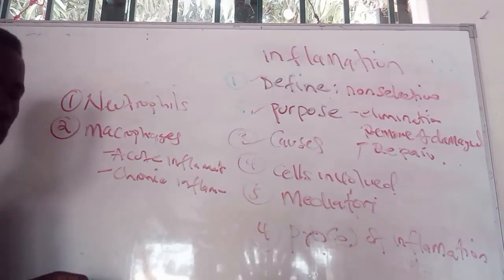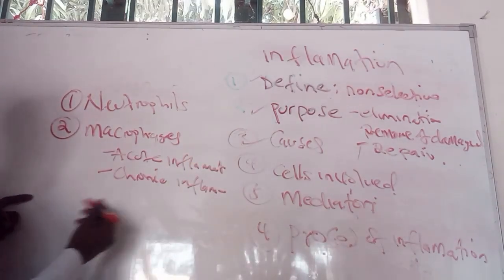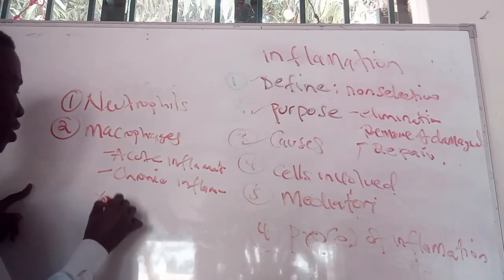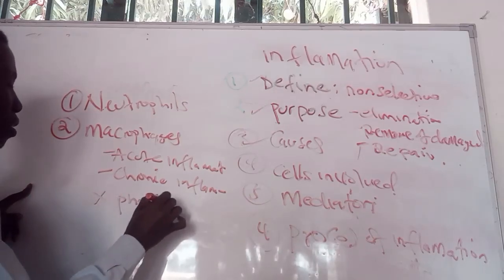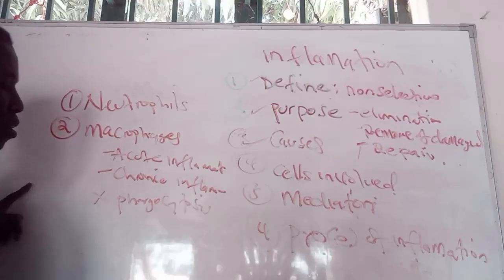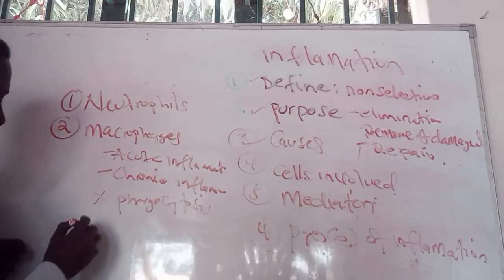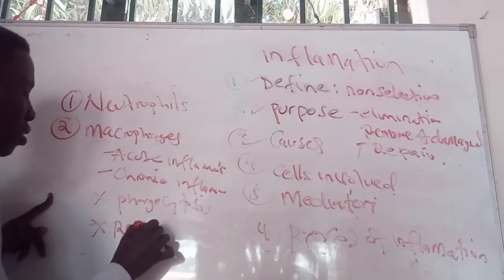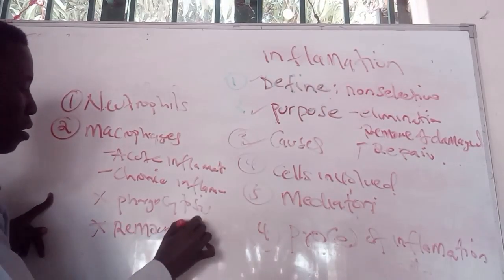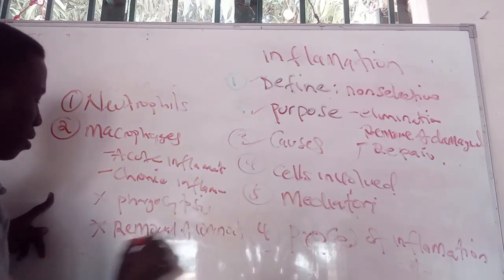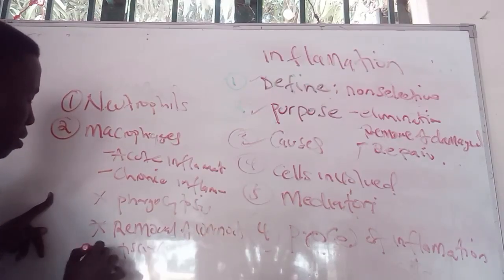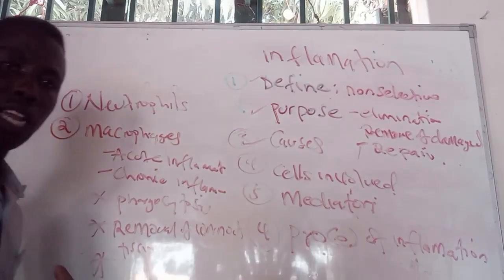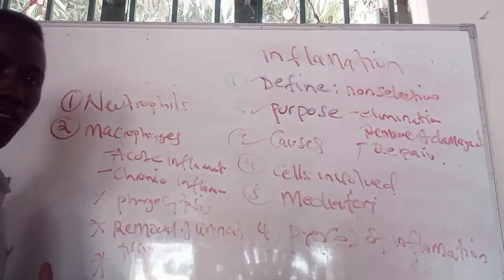What do they do? These macrophages majorly take part in phagocytosis. They also take part in the removal of worn out tissues, and they also take part in the repair of damaged tissues.